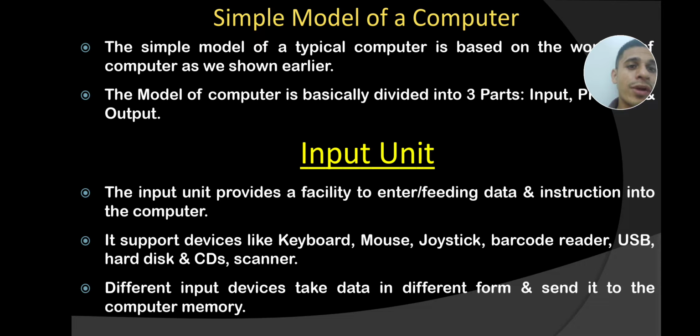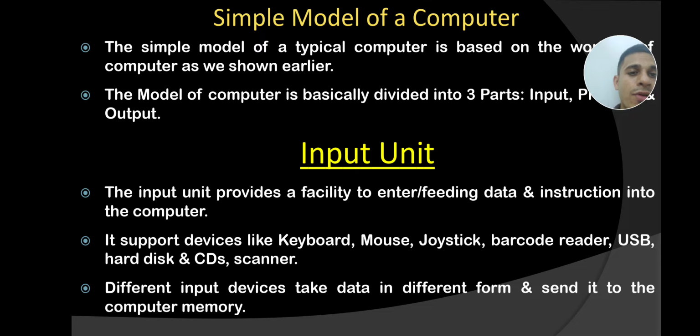Then barcode reader and scanner will scan the data and information will appear. And USB, hard disk and CD will also accept the input in different ways. So every different input device will accept a different kind of input, right? And using that different kind of input, we are able to get different output also.